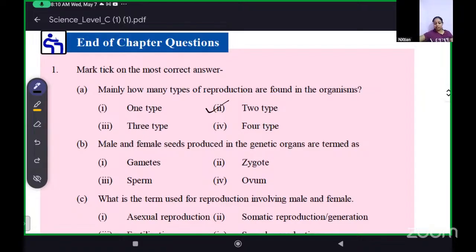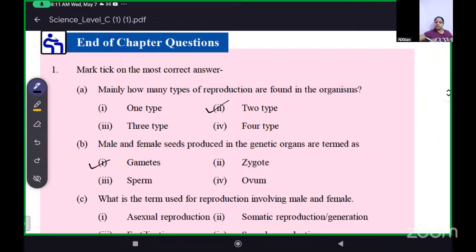Next one for Abraham. Male and female seeds produced in the genetic organs are termed as. Zygote. Ovum. No. Ma'am, gamete. Yes, Emma, gametes. Gametes, why?